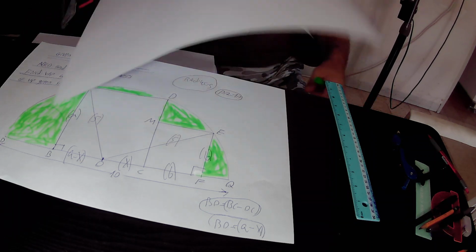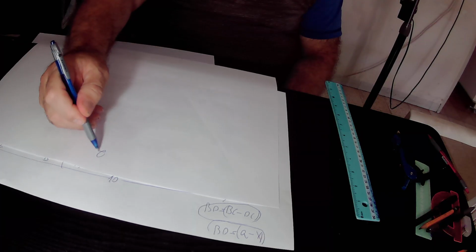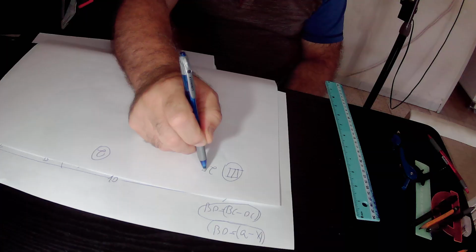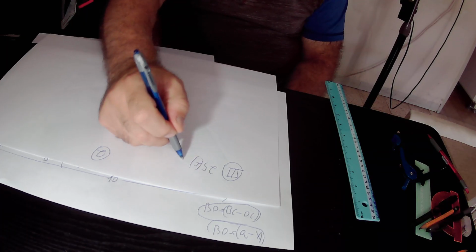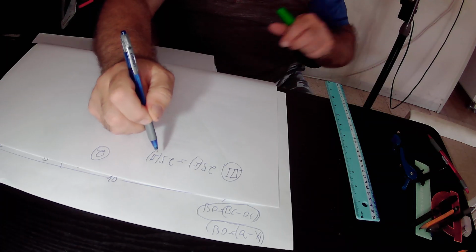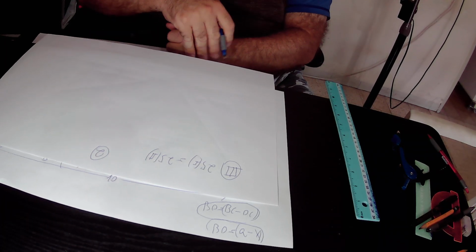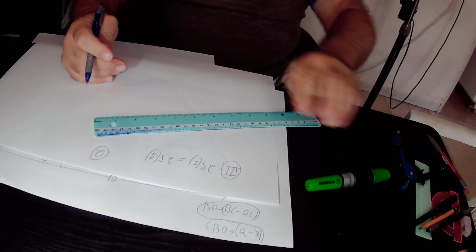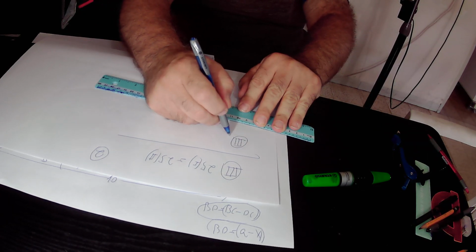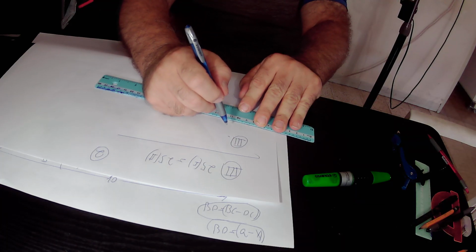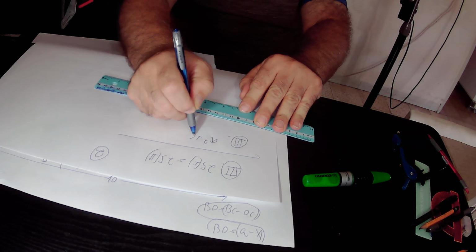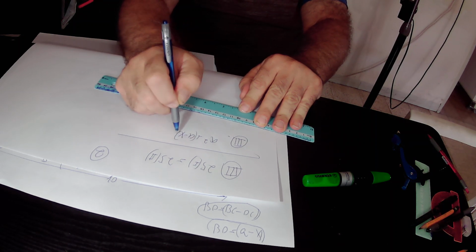According to equation 1, 25 equals A squared plus A minus X squared.